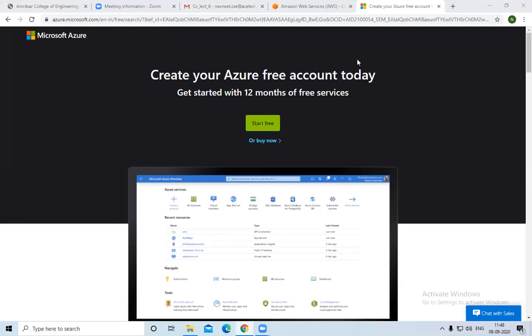Which one is a protocol that is used in the cloud API? And can anybody tell me what is the full form of that protocol?